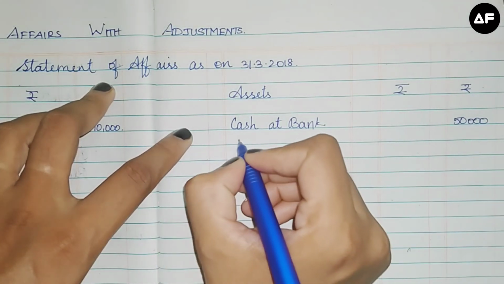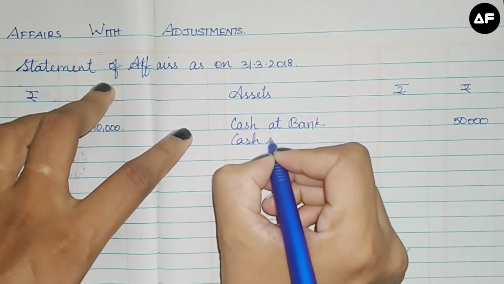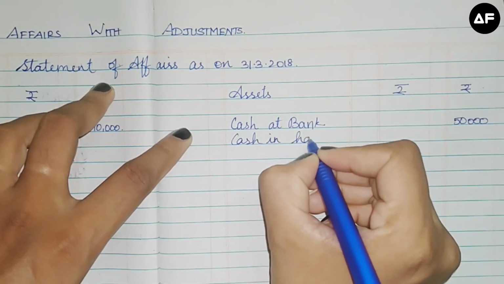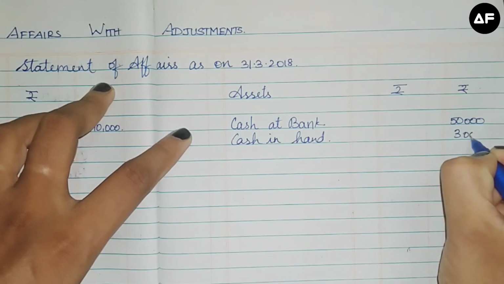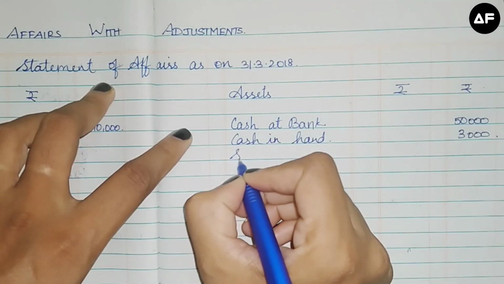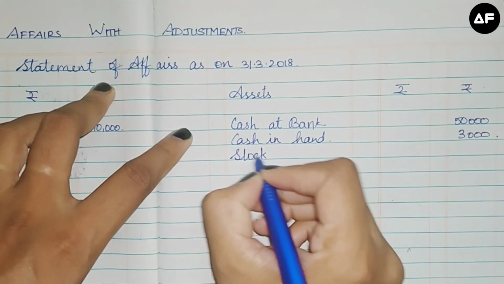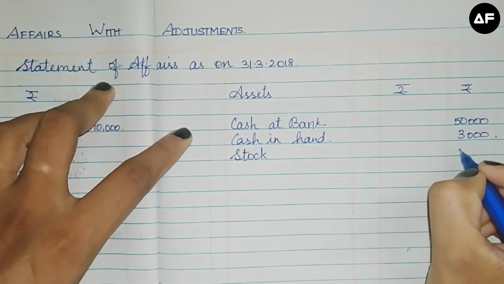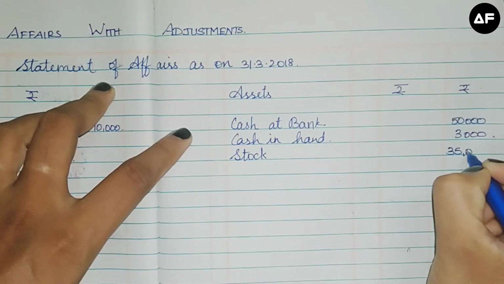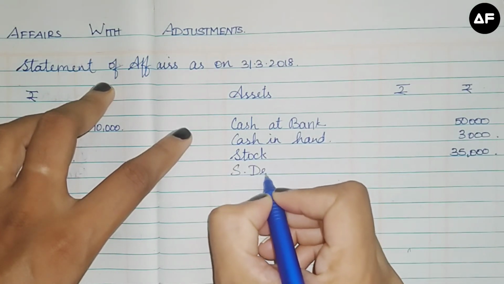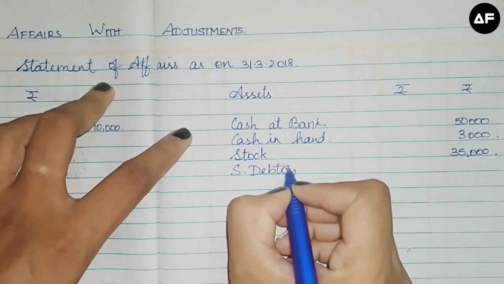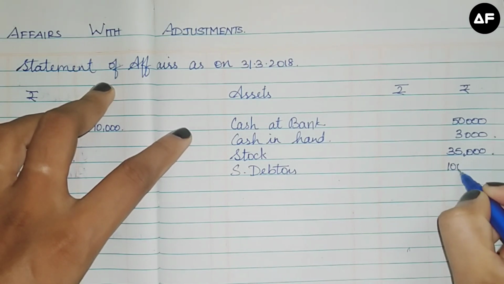Next, it's going to be cash in hand for 3,000 rupees. Next is stock of goods. So I will just write stock, that is 35,000 rupees. Sundry debtors is 1 lakh.